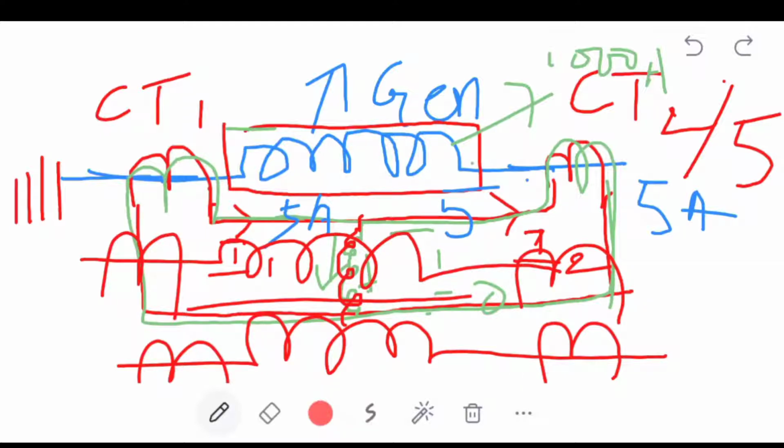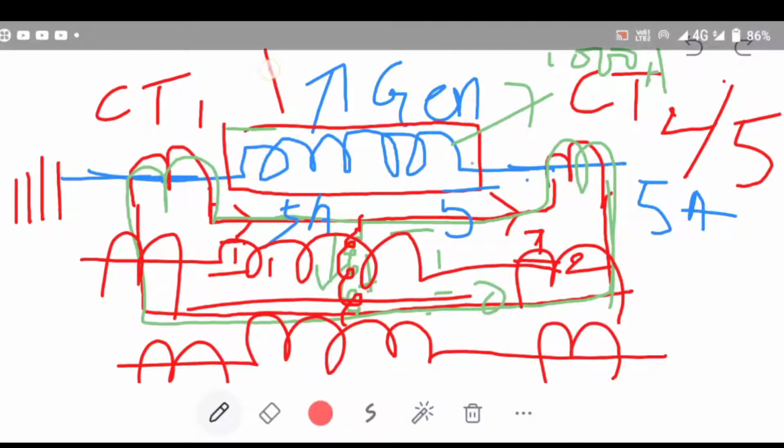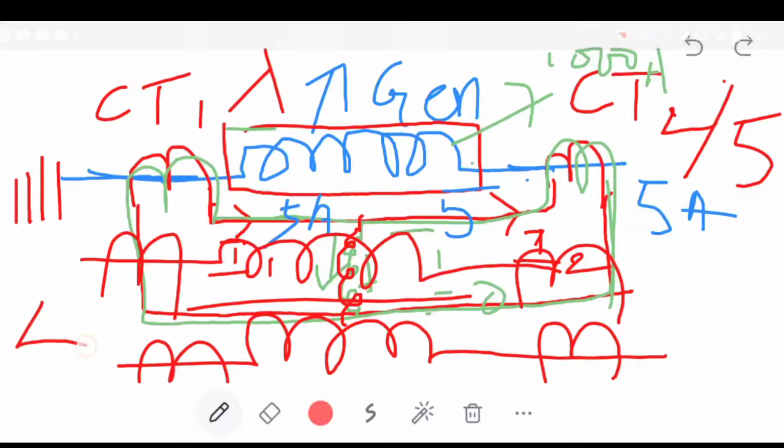And one more thing: if the generator is star, the current transformers should be connected as delta. There are different parameters we have to assume.